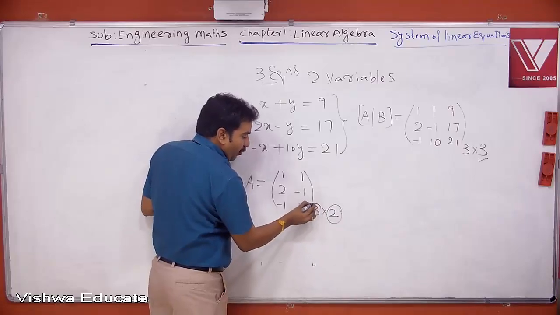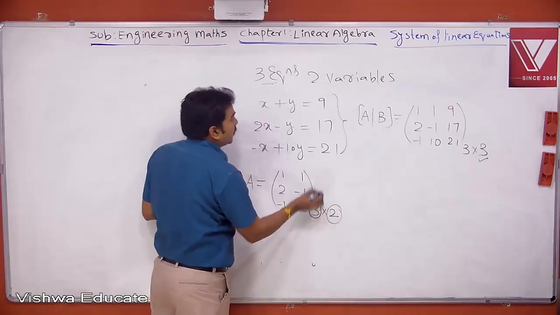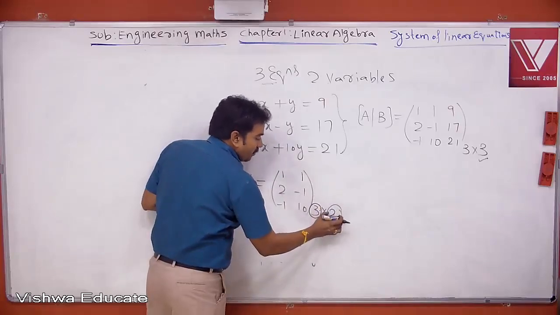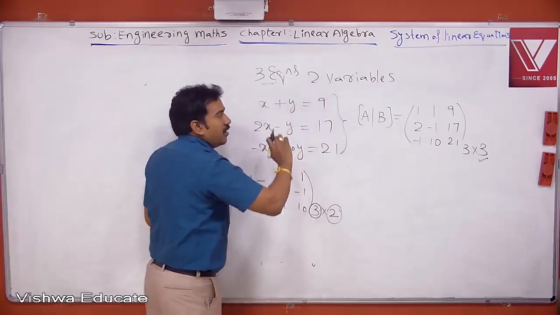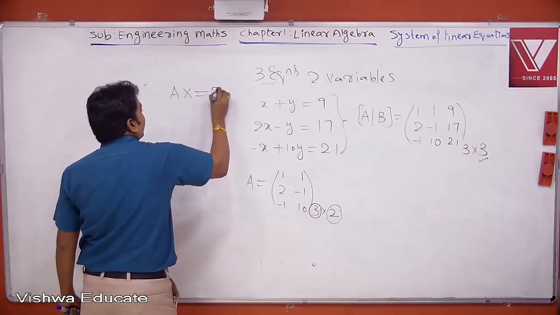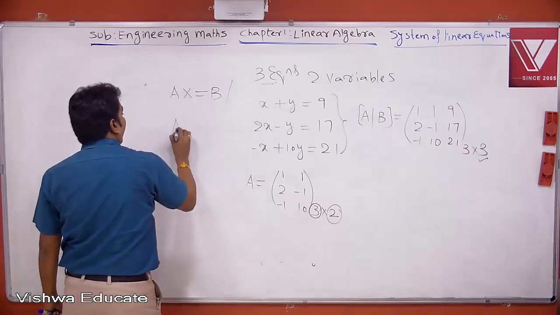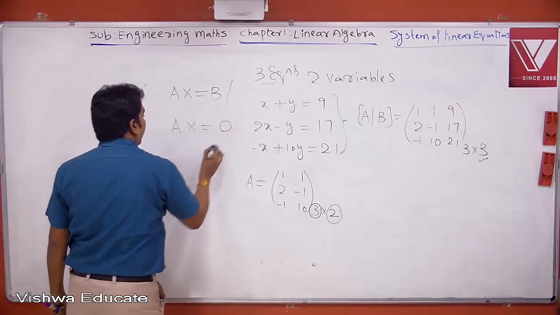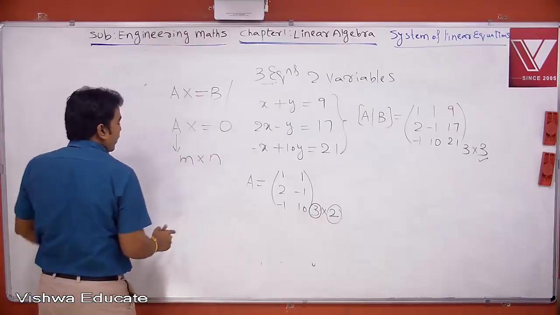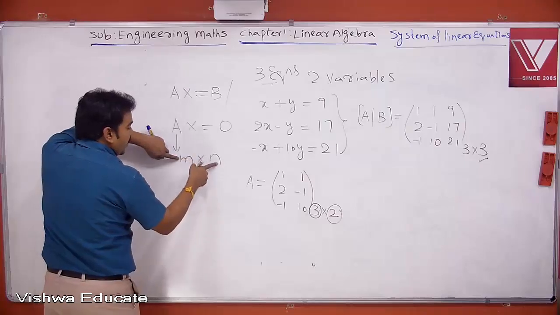That means the number of rows represents the number of equations in the coefficient matrix, and the number of columns represents the number of variables. Therefore, whether it is non-homogeneous, AX = B, or AX = O, if the size of A is m cross n, it means there are m linear equations in n variables.